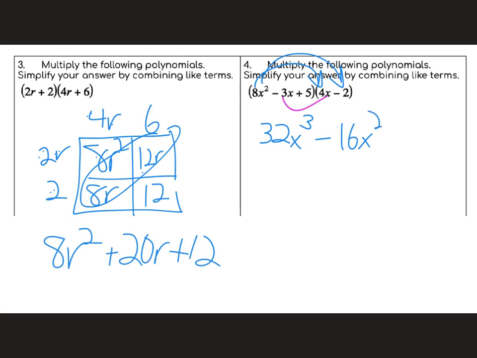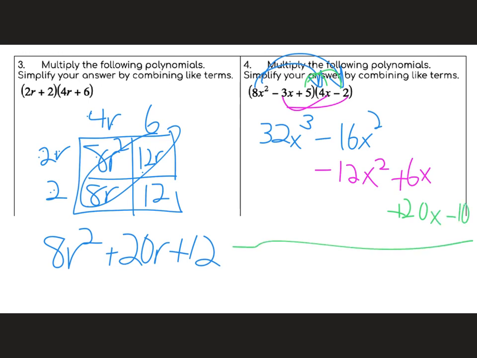And then that's going to be negative 12x squared minus negative, so plus 6x. And then we're going to have 20x minus 10. Let's add things up. We're going to get 32x cubed minus 28x squared plus 26x minus 10.